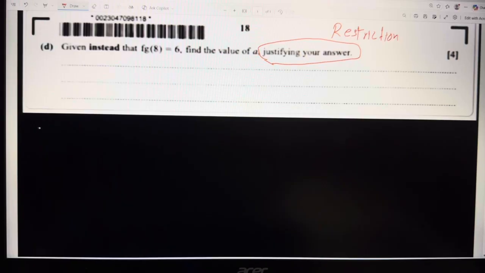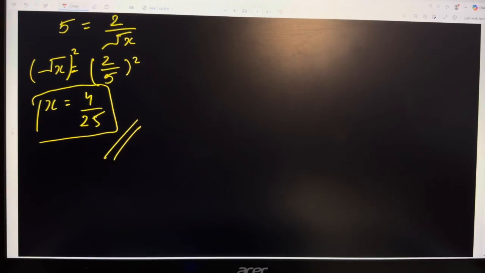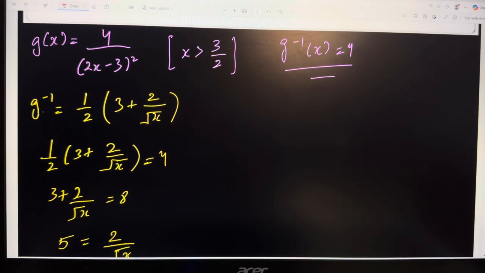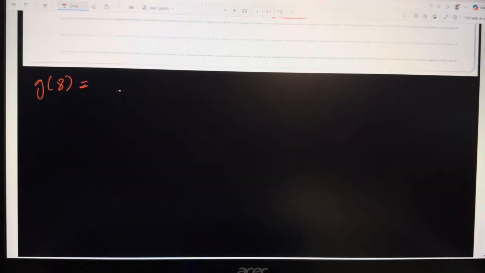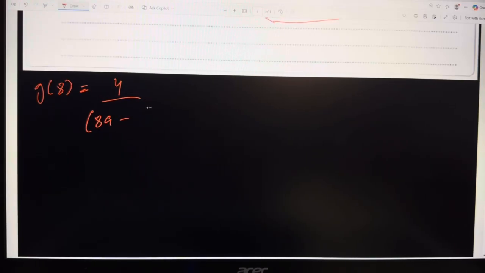First of all, we find g of 8. We don't know a, right? So with this being a, we can find that equal to 4 upon 8a, we can just write 8a minus 3, right?